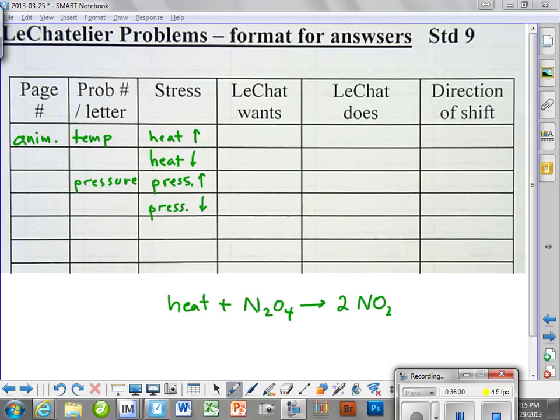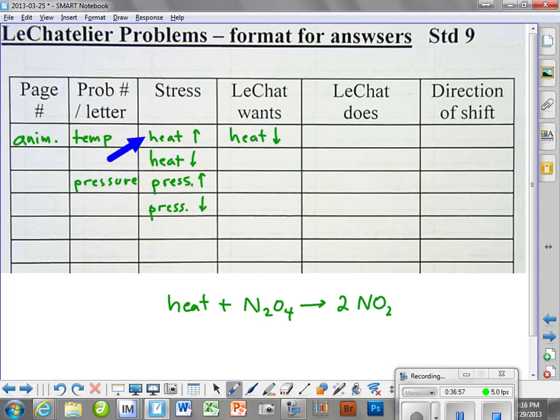Let's see how we work with this particular equation, the N2O4 dinitrogen tetroxide to nitrogen dioxide. And so LeChat, we're going to take the first one right up here. If we stress the system by adding heat, LeChat of course wants to take the heat down.